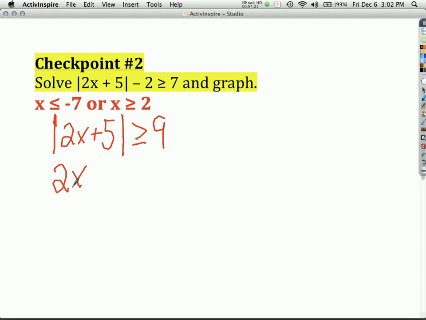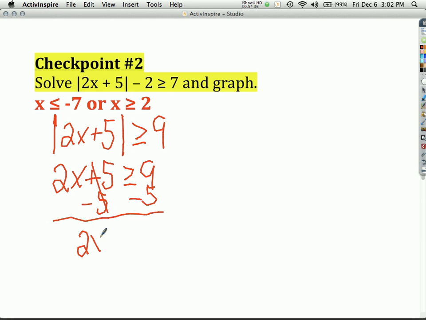So 2x plus 5 is greater than or equal to 9. Let's for the moment forget about the other part. Let's just do this part. So we subtract 5 from both sides. Is that what you did? You get 2x is greater than or equal to 4. So divide by 2, you get x is greater than or equal to 2. So how come your symbol flipped?